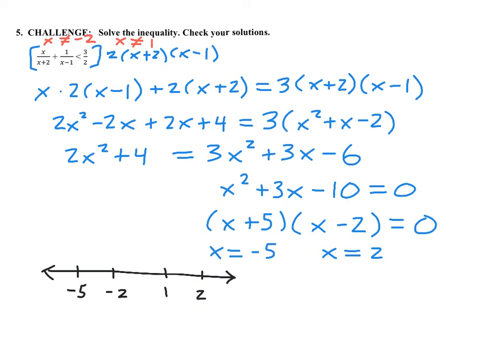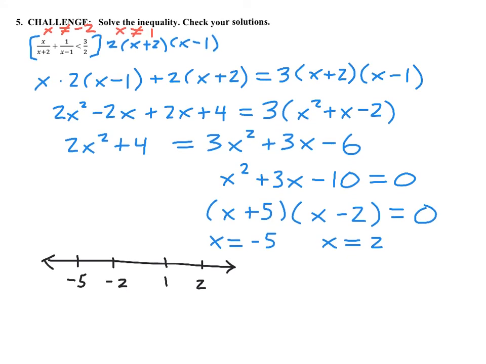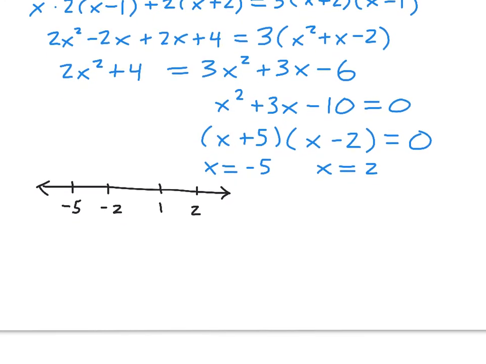Okay, so remember, I taught you guys the shortcut. You don't have to test every region. My shortcut will work as long as none of these are squared. So that's not x plus 5 squared, so we're okay there. That is not x minus 2 squared, so my shortcut will work. The shortcut is that you test one region.